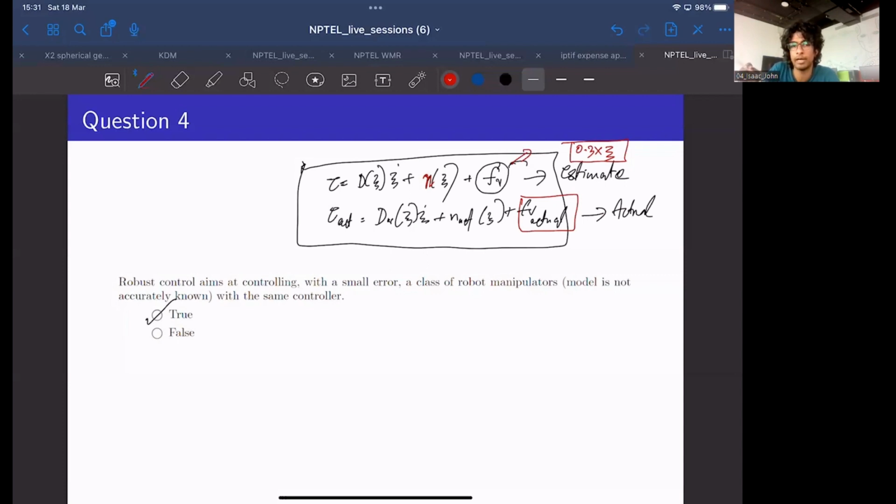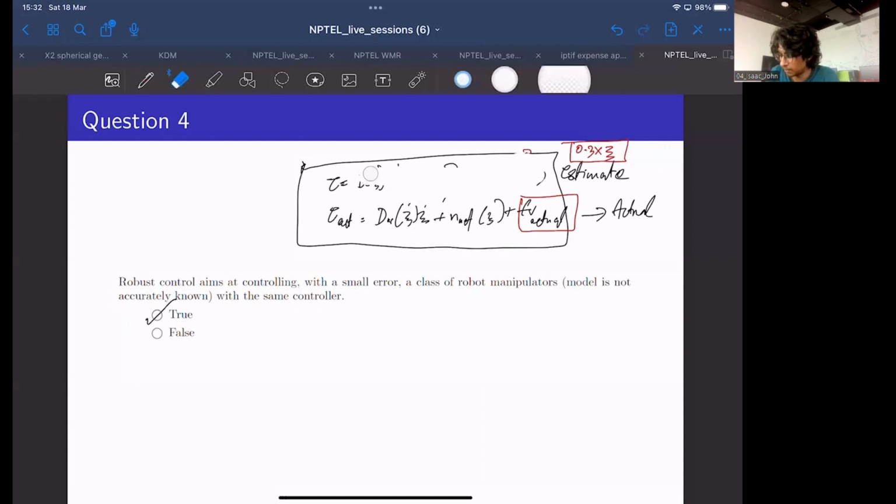But in the case of a model, we might not even require this thing. In this case, both of them do not conform. Both of these models, tau and tau actual, have different structure. It does not even conform to the actual system.